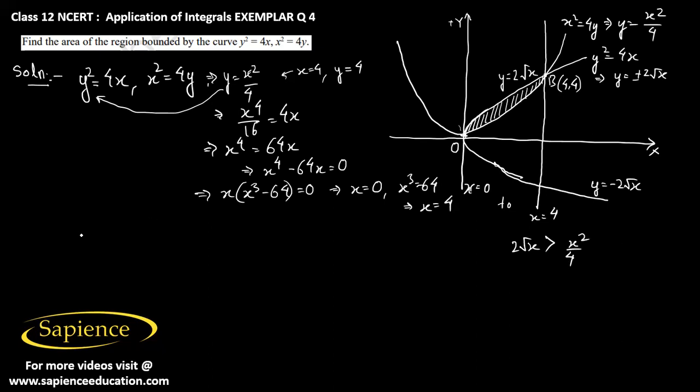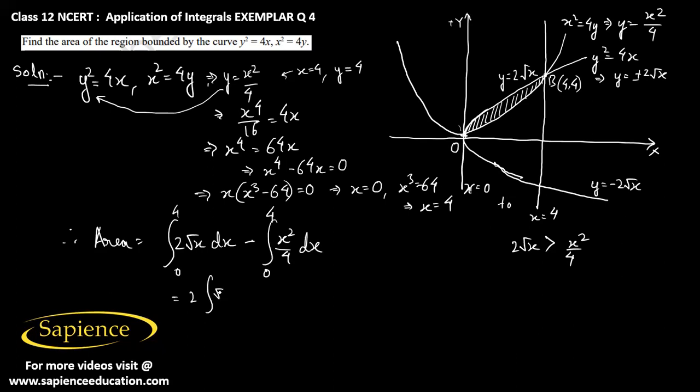Now therefore the required area will be equal to integral of 2 root x dx minus integral of x square by 4 dx, and the limits will go from 0 to 4. Now that will be equal to 2 times integral of root x dx from 0 to 4, minus 1 by 4, which is a constant so it will come outside of the integral, times integral of x square dx from 0 to 4.